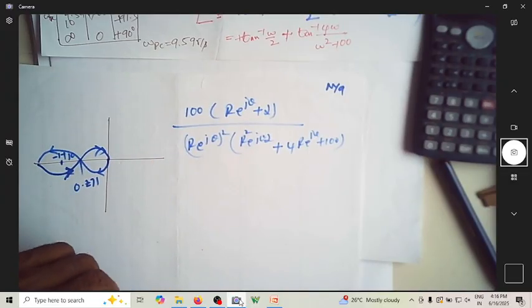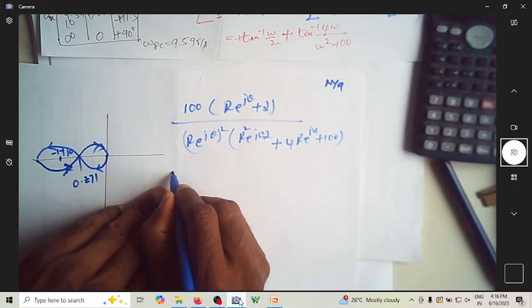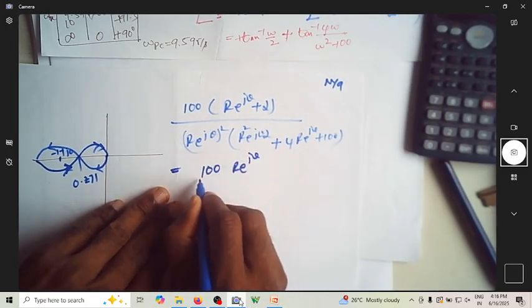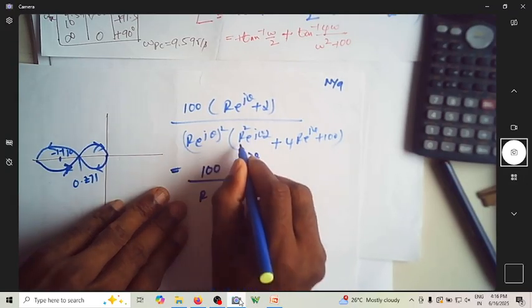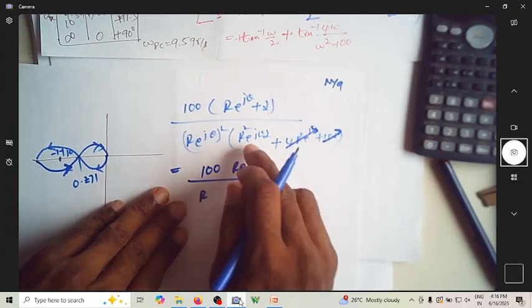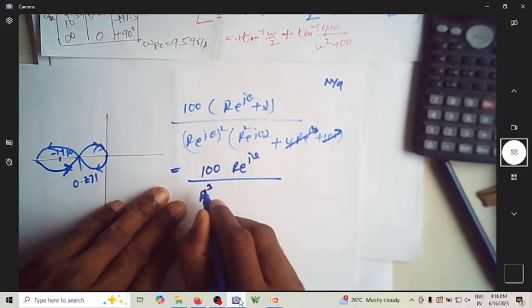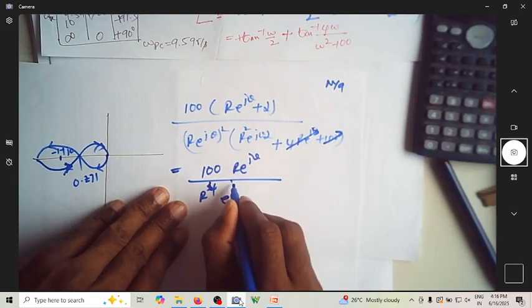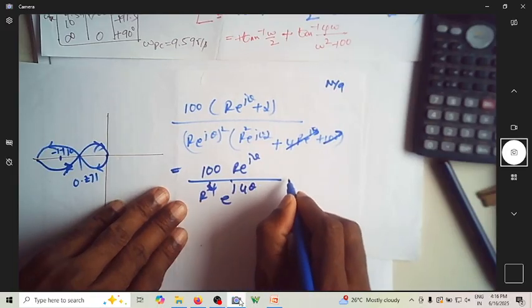So that will become 100 r e power j theta over r to the power 4 e j 4 theta, correct?